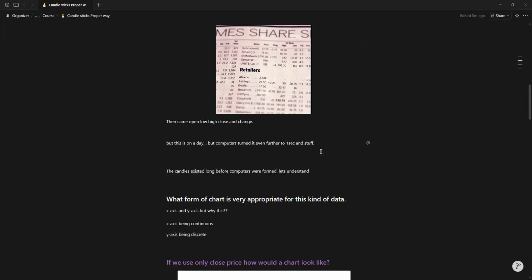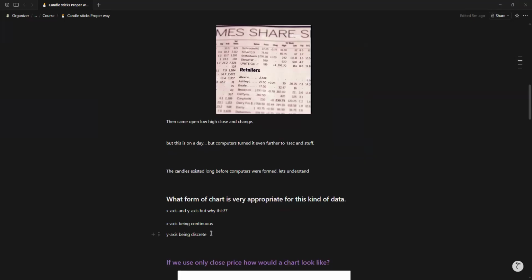There's no fixed amount for price movement, so it's called continuous. It can be 0.5, 0.25, 0.1, $1, anything. It's not well defined. That's why the x-axis is continuous and the y-axis is discrete.